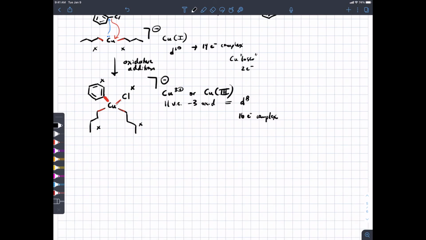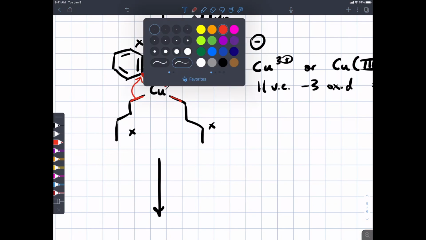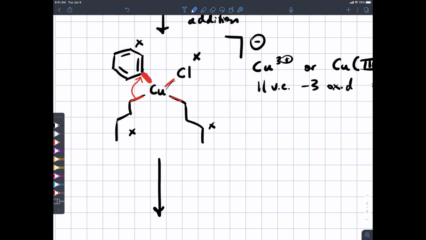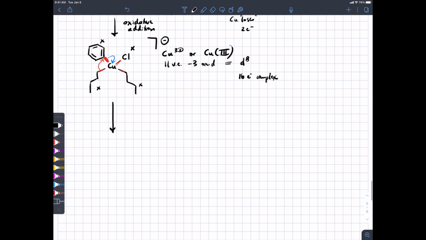Now the cool thing is that in the next step, we're going to have the electrons from one of these X ligands form a new carbon-carbon bond with the benzene carbon. And now these electrons between copper and the benzene carbon are going to go back on the copper with a sigh of relief. It used to be oxidized, now it's not.